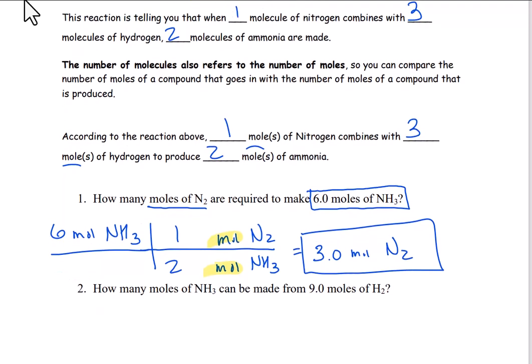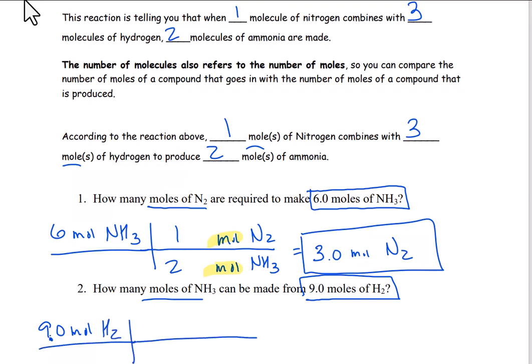So step 1, I have 9 moles of hydrogen, and I'm trying to go to moles of NH3. So 9 moles of hydrogen, moles hydrogen, moles NH3.